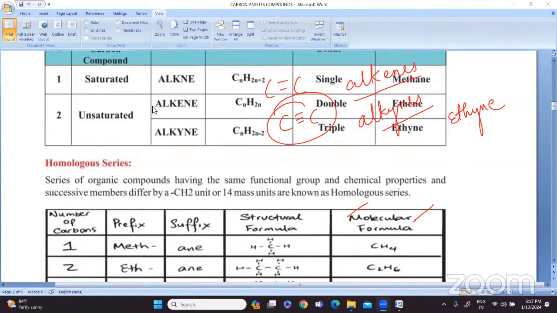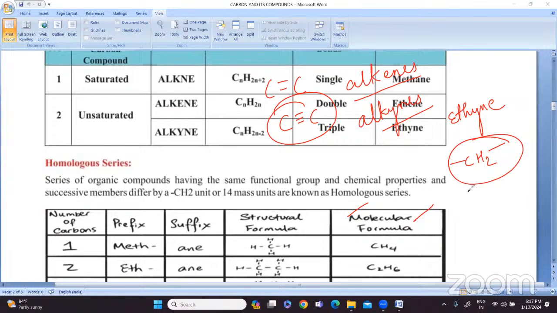The members of this series have the same functional group and chemical properties, and they differ by a CH2 unit. Between the first and second member, or the second and third member, the organic compounds differ by a CH2 unit. Such a group or series is called a homologous series.